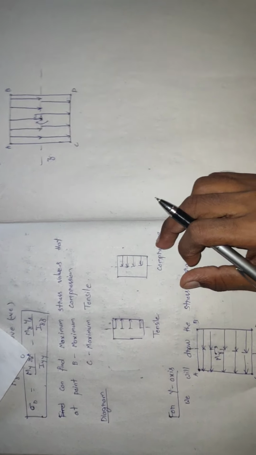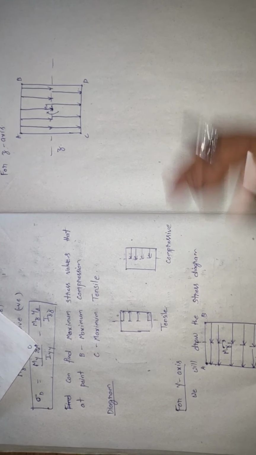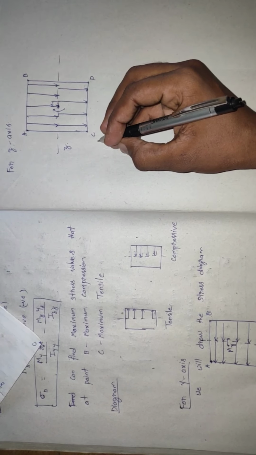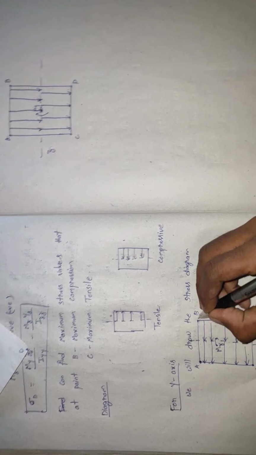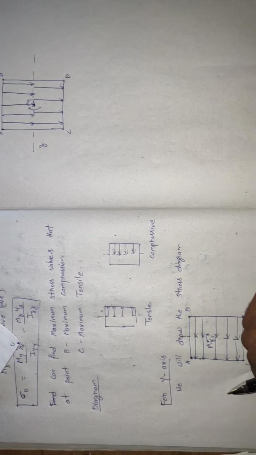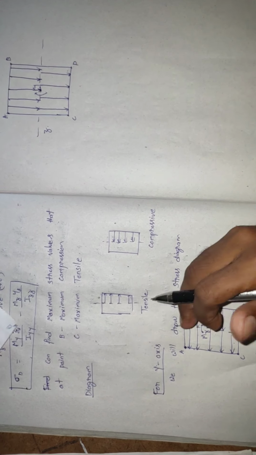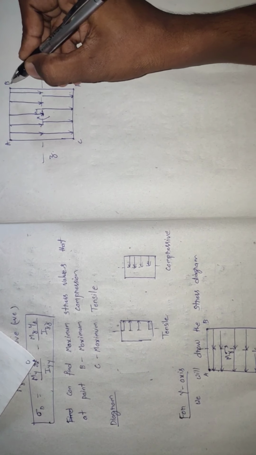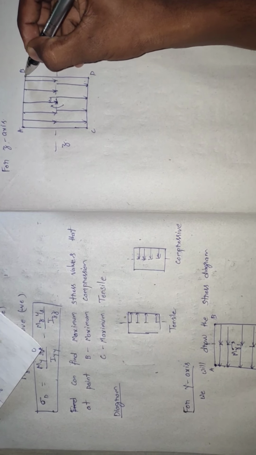Both are opposite, so we will not get a maximum compressive or tensile at point A. If we take point B, due to the moment along y-axis, we get compressive here. Similarly, due to the moment along z-axis, we get compressive here.